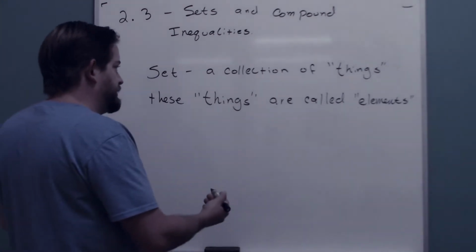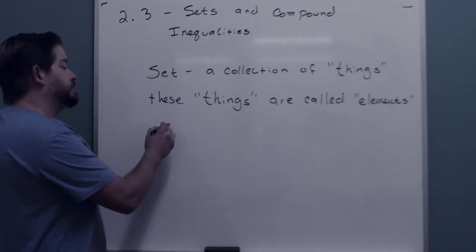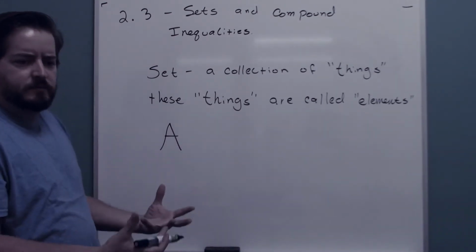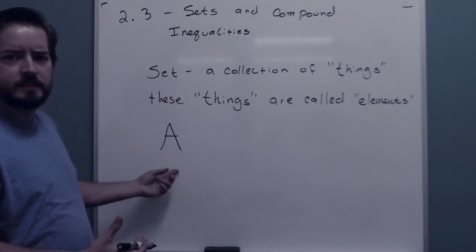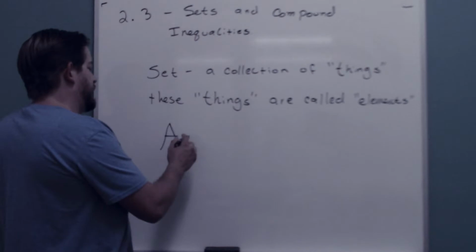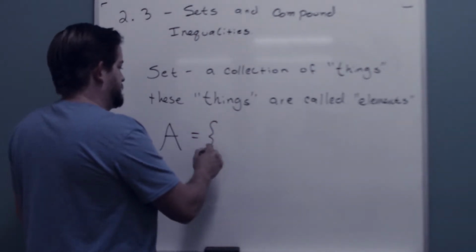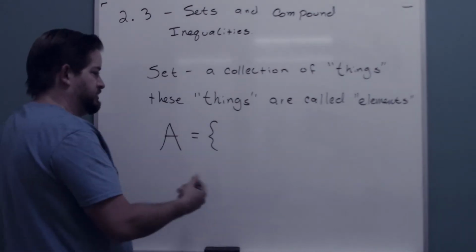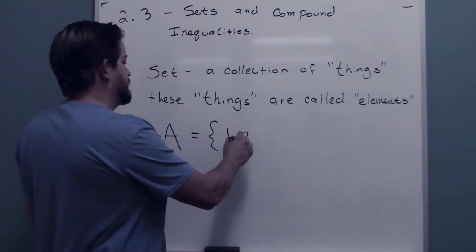A set might be denoted by a capital letter, typically a capital letter, to indicate that there's some largeness to this idea. There's some stuff in there, right? And you would sometimes just list out what's in that set. Like if I have a set A and it's just a bunch of numbers, I'll write those numbers.